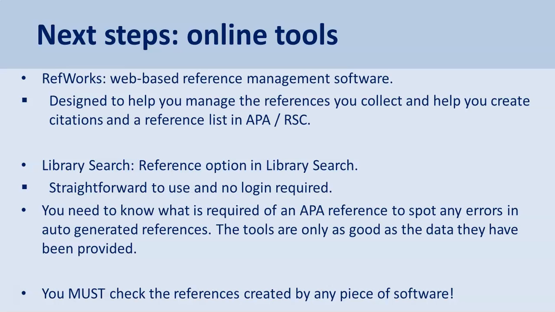So when you find your results in library search, if you click on the speech marks next to the item that you found, that will create a reference for you in APA or RSC if you tell it which type of referencing system you want it to reference in. And just a reminder that you do need to check the references when you're doing that. It's only as good as the information it receives, so if something looks a bit odd, you can always correct that and check it afterwards.